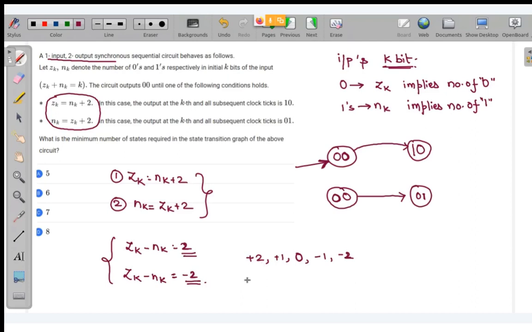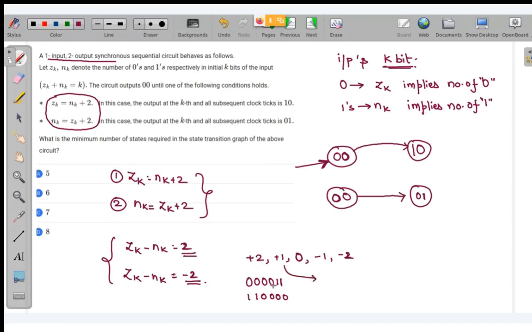zk is the number of zeros. Your input bits can be like 0 0 0 0 1 1. Here zk is 4 and nk is 2, so zk minus nk is 2. Or it can be like 1 1 0 0 0, and at that time also you will have plus 2.